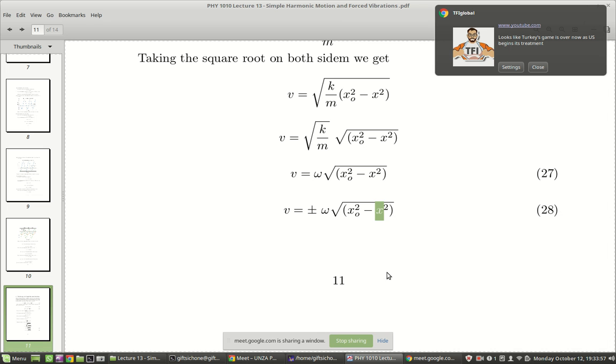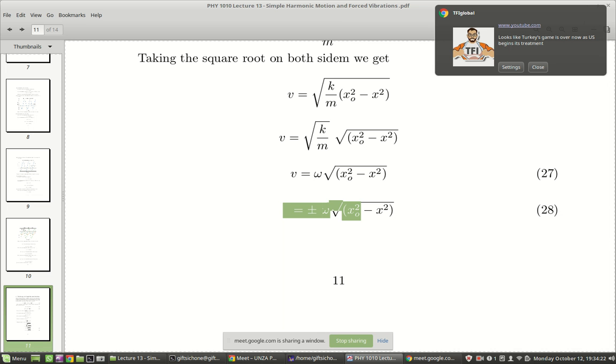Now, damped and forced oscillations. Usually, in reality, the amplitude of your spring mass oscillator, which is stretching like this, is not going to stay the same, because eventually the amplitude, as it's going back and forth, is going to die down.